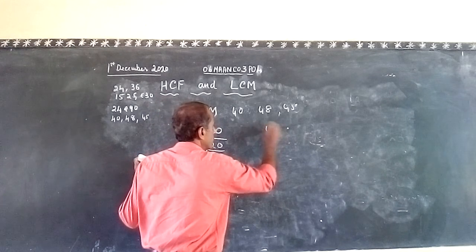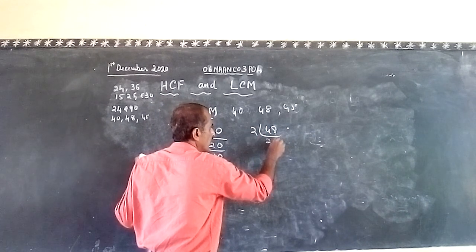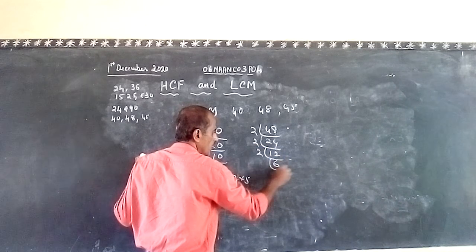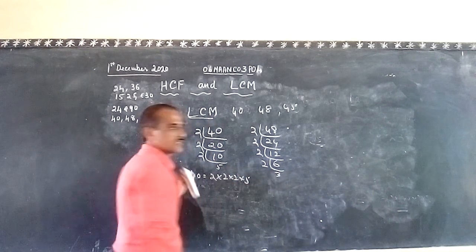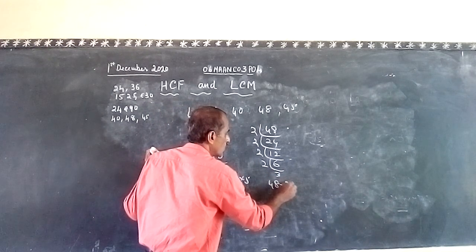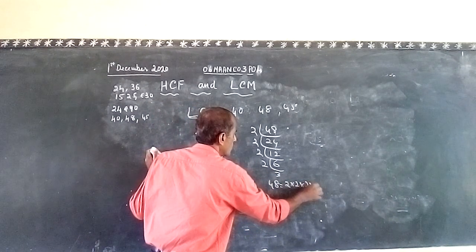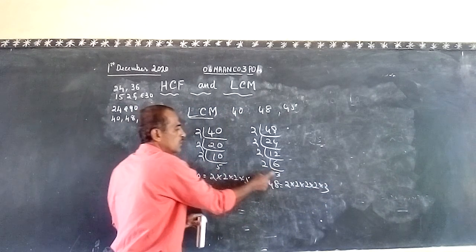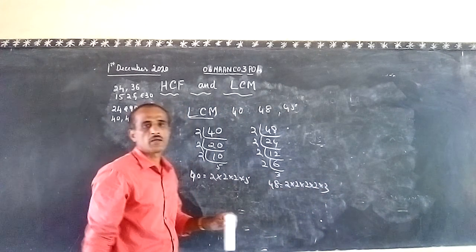Then 48: 2 24s are 48, 2 12s are 24, 2 6s are 12, 2 3s are 6. So 48 is equal to 2 into 2 into 2 into 2 into 3, that is, 4 2s and 1 3.